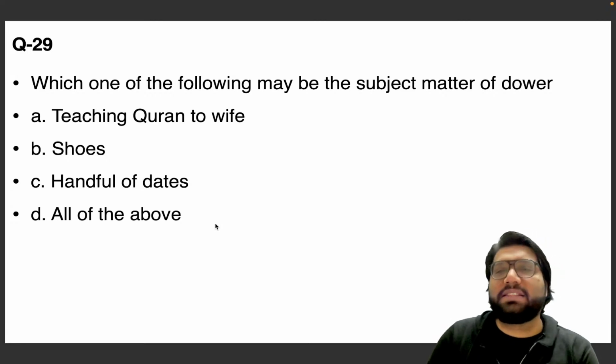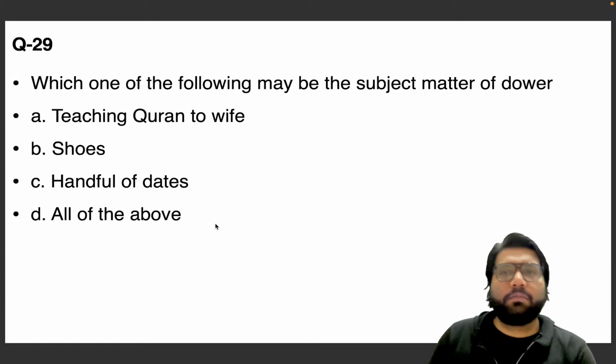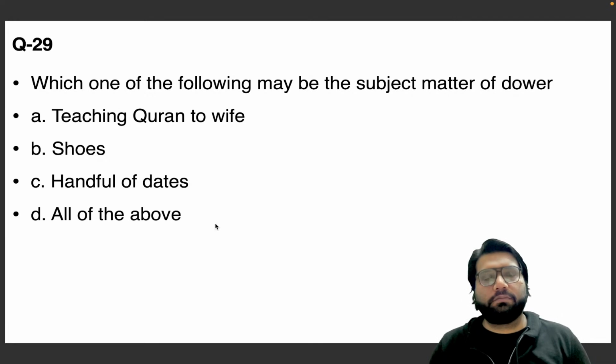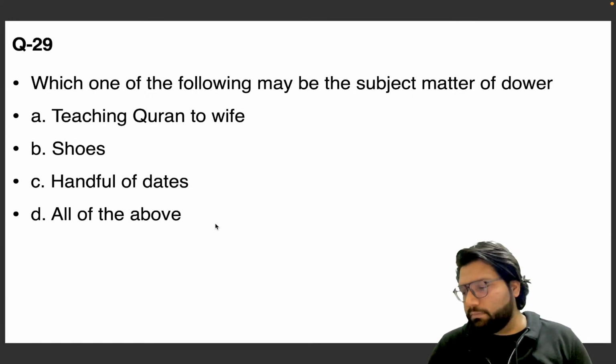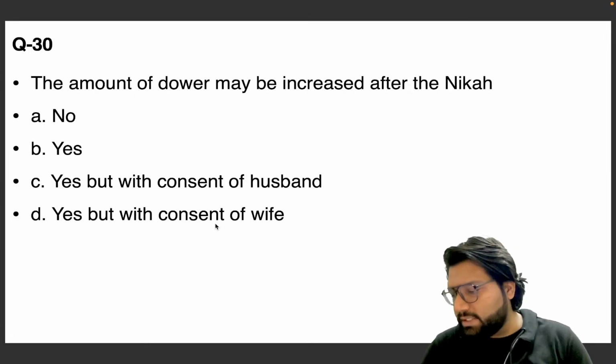Which one of the following may be the subject matter of dower? Everyone's answer is correct. That is D. Everyone's answer is correct.